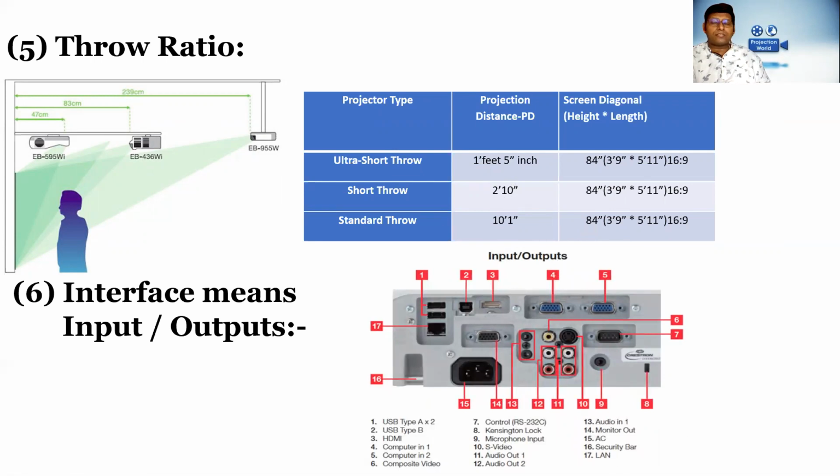Interface means nothing but inputs and outputs. Inputs and outputs are required because of what all inputs you are going to give. If you are buying a projector for home purposes and you don't have a dedicated AVR 5.1 home theater, but you have a single soundbar which has audio in, you will have to make sure that your projector has 2 or more HDMI ports, so that one HDMI port can be used for your set-top box, the second for your Amazon Fire Stick, and the third for your laptop, PlayStation, whichever.